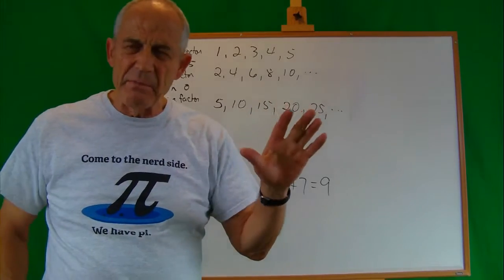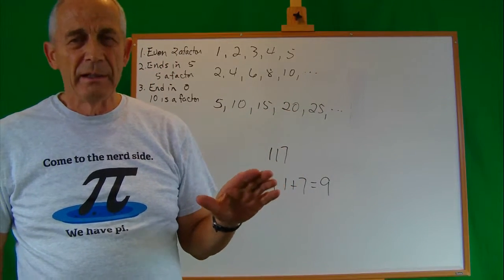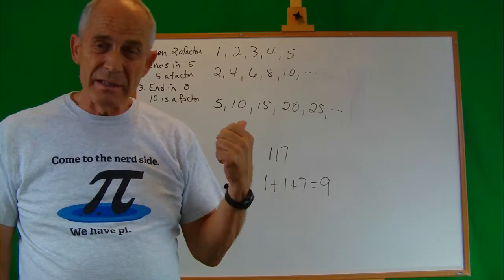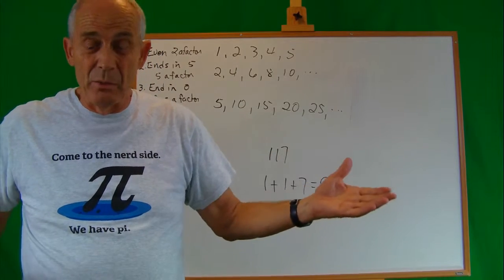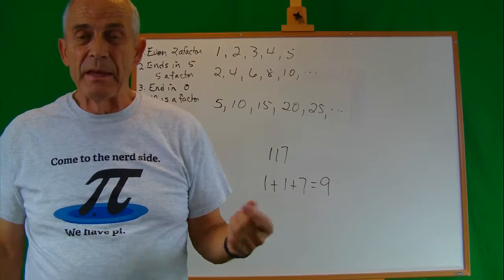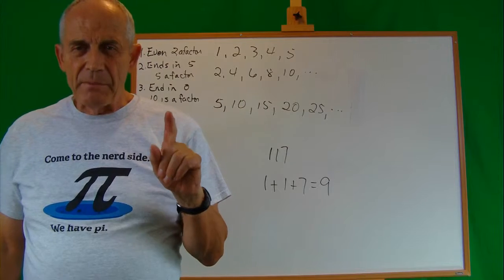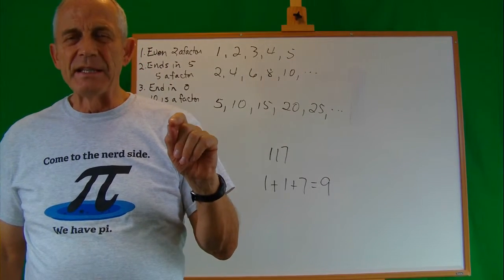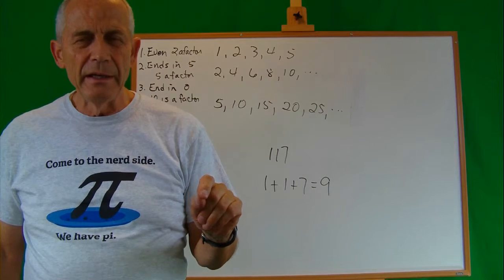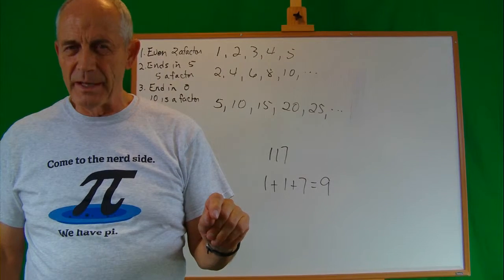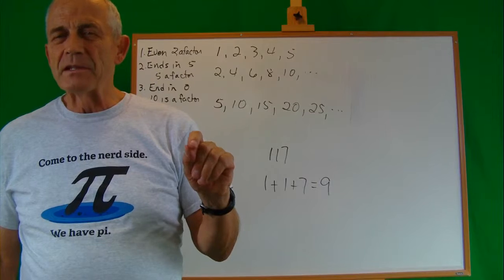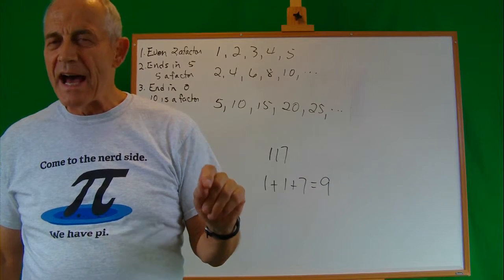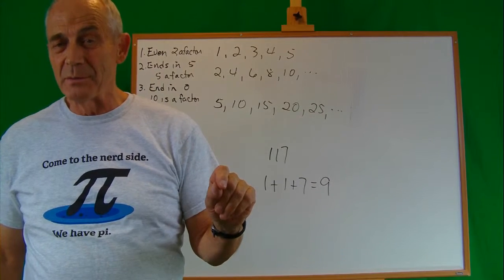If I get a number that I'm not sure about what factors might be, this is something I can try. It may not work, but it might, so we try it. When I add up those digits, if the sum is divisible by 3, the number is divisible by 3. If the sum is divisible by 9, the number is divisible by 9.